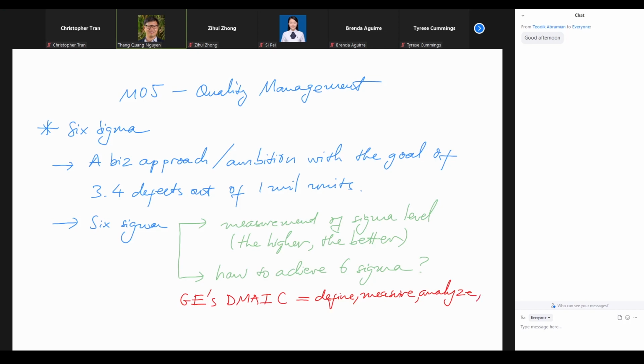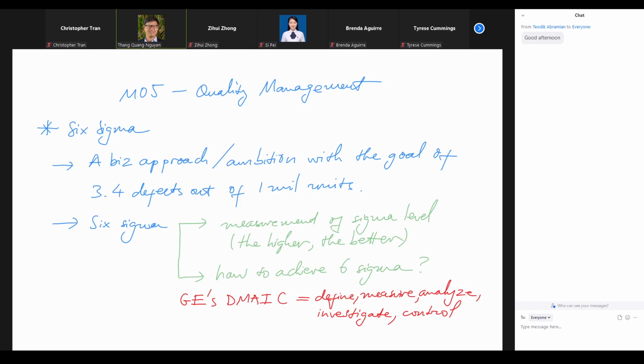And then if there is a problem, we need to investigate. And then at the end, we need to control the process, right? So that it will be better over time and we can maintain the performance of the process over time. So I encourage you to read more about GE's DMAIC method. That's how they can achieve the Six Sigma level.